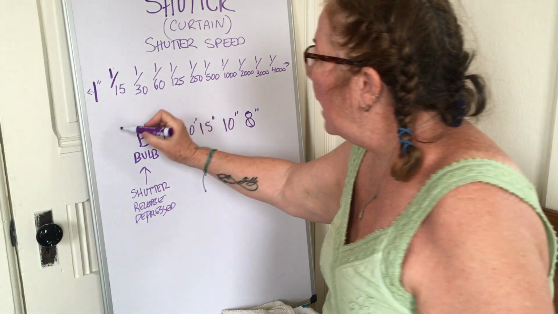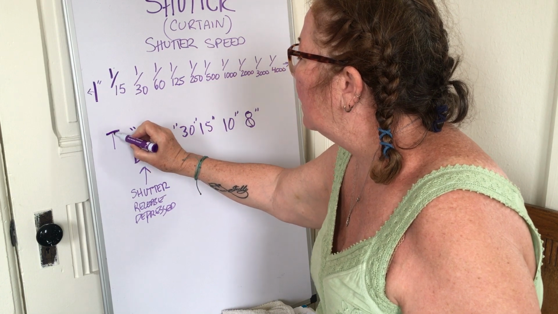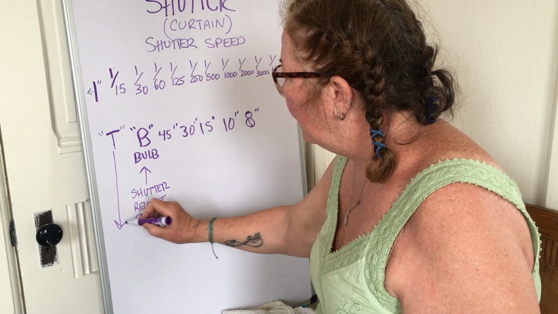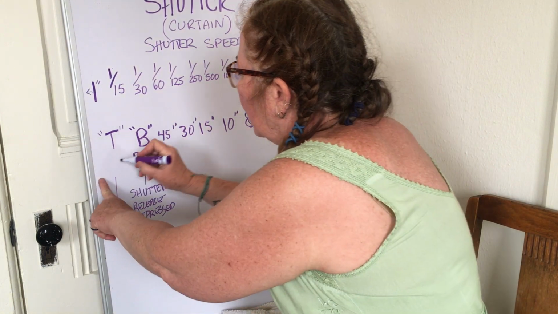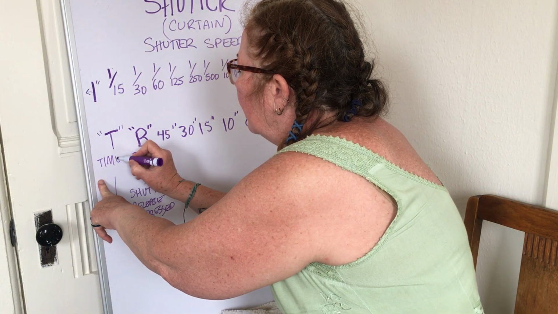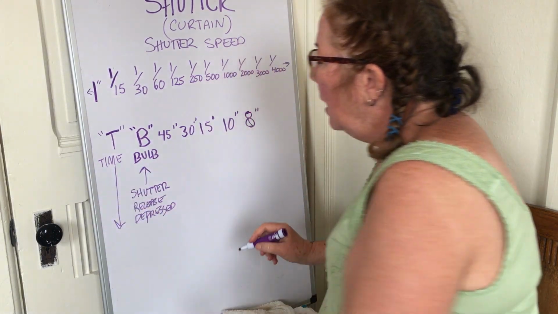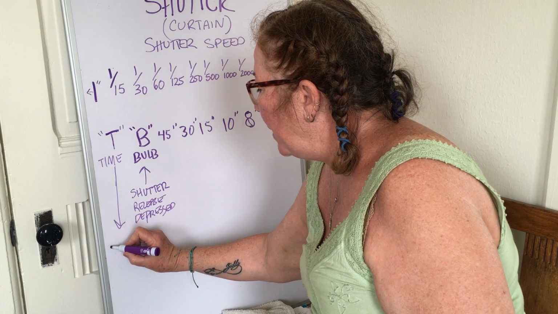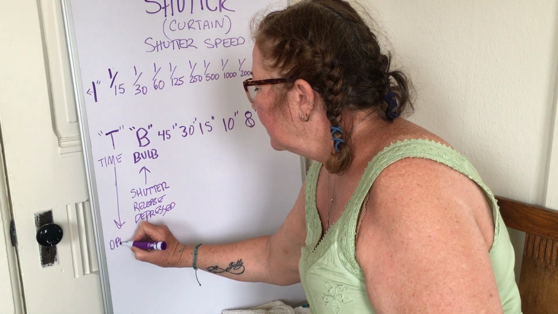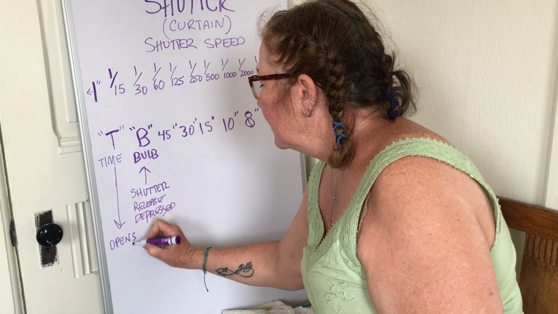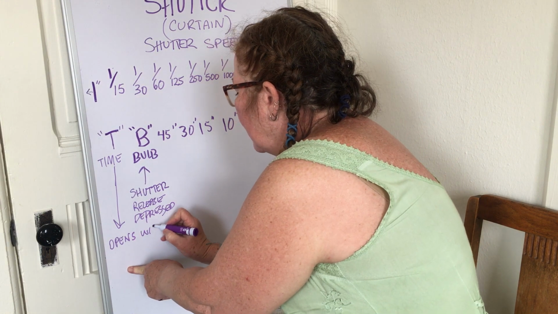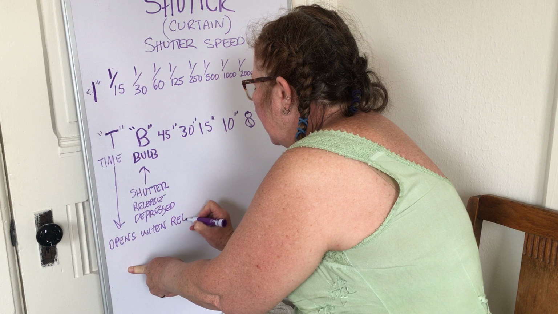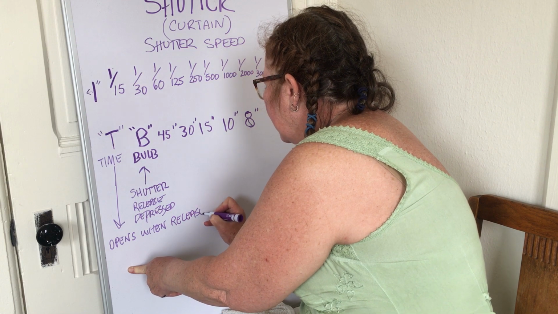A lot of older cameras will also have this on it, and this T is for time. The T stands for time. And this one, it opens the shutter when you press the button, when the shutter release button is pressed.